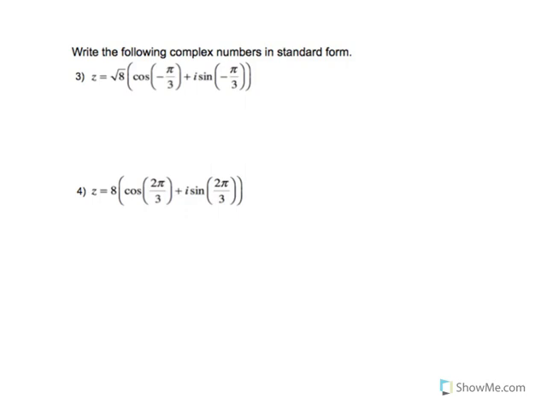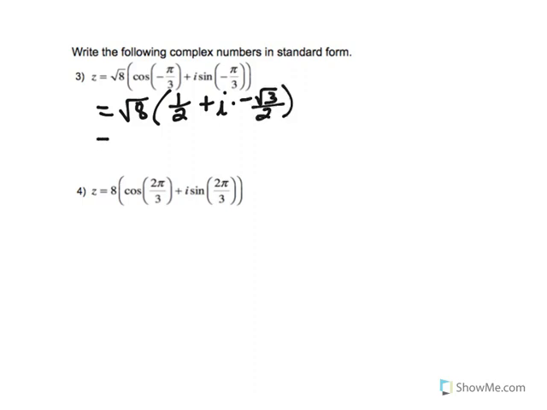So we are going to just evaluate cosine of negative pi over 3. So it'll be square root 8. Cosine of negative pi over 3 will be 1/2. You have to worry about the quadrants here, but you can also check this out with your calculator. Plus i times the sine of negative pi over 3, which is negative root 3 over 2.